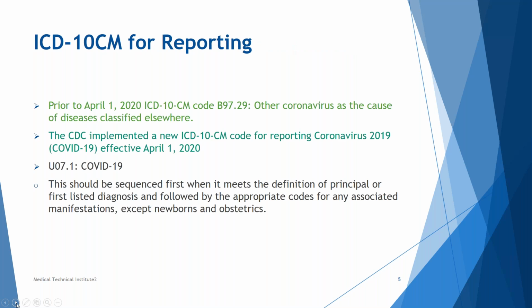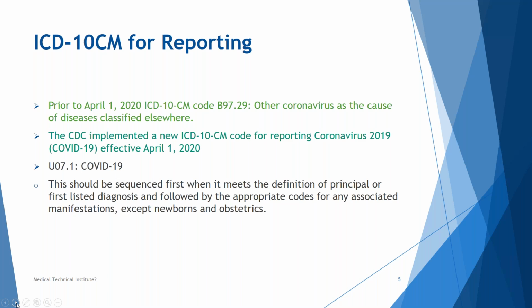So, ICD-10-CM for reporting. Prior to April 1st, 2020, the ICD-10-CM code was B97.29, other coronavirus as the cause of diseases classified elsewhere. Well, the CDC implemented a new ICD-10-CM code for reporting coronavirus 2019, effective April 1st, 2020.